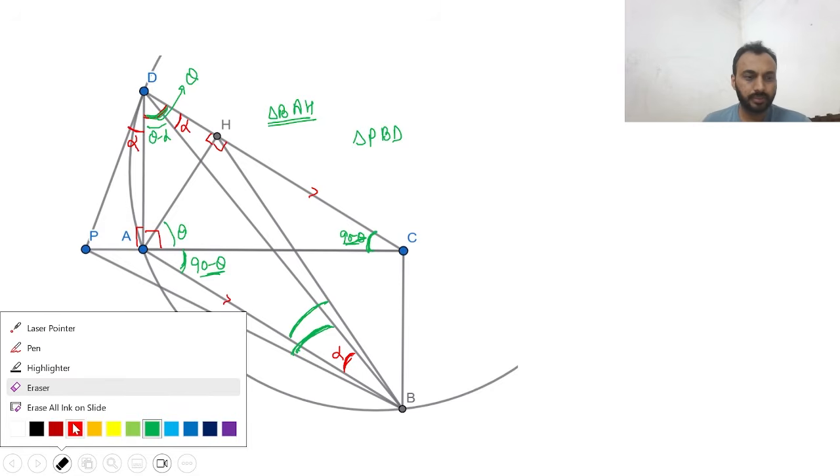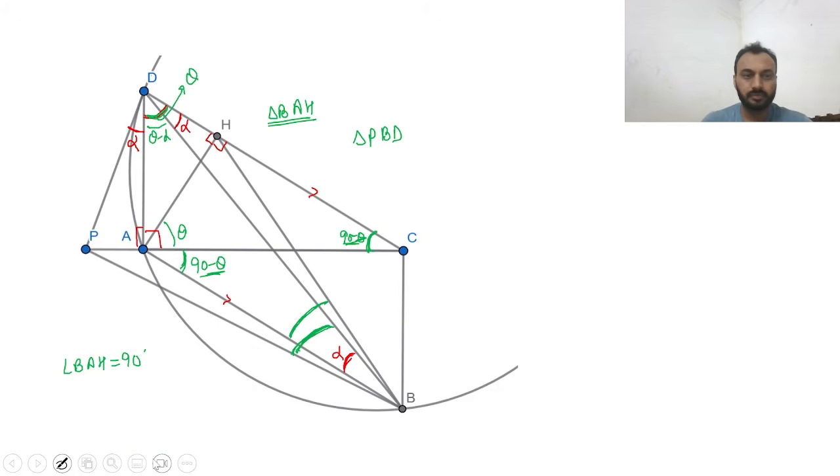So what we can try is to construct a right angle. In triangle BAH, angle BAH is 90.